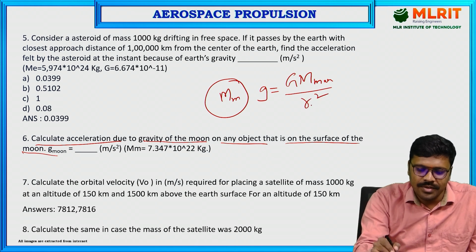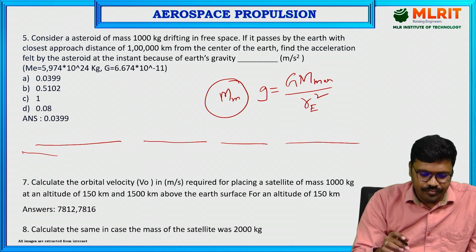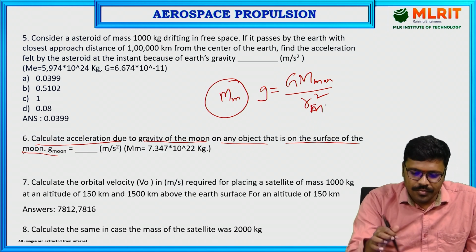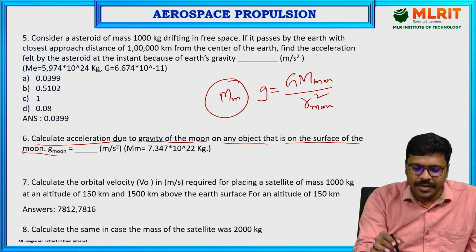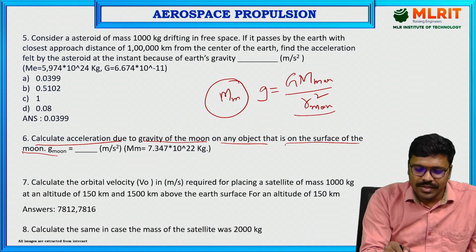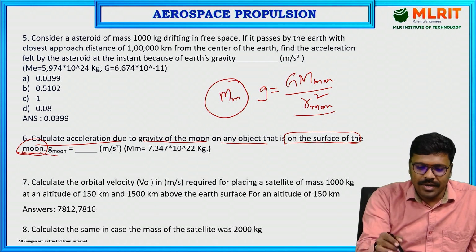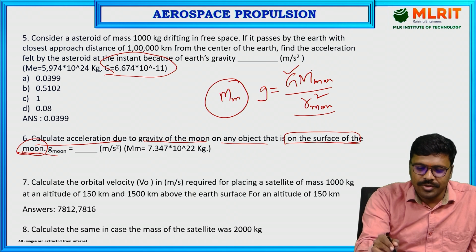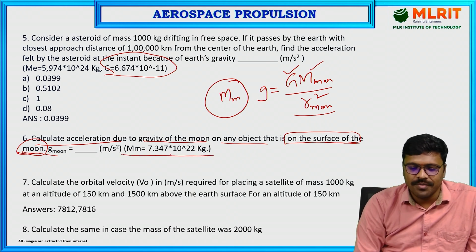So we have to consider the radius of the moon. Why do we have to take the radius of the moon? Because he is asking the acceleration due to gravity on the surface of the moon. Capital G is the same, that is 6.67 into 10 to the power of minus 11, and we should know the mass of the moon. The mass of the moon is given here as 7.347 into 10 to the power of 22 kg.